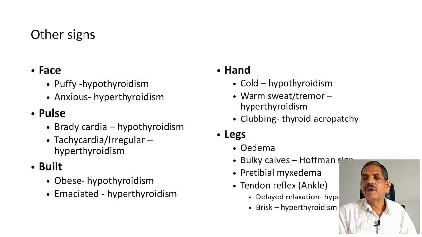Hands will be cold in the case of hypothyroidism, but there will be warm sweat and tremor in the case of hyperthyroidism, in addition to clubbing that we already discussed.